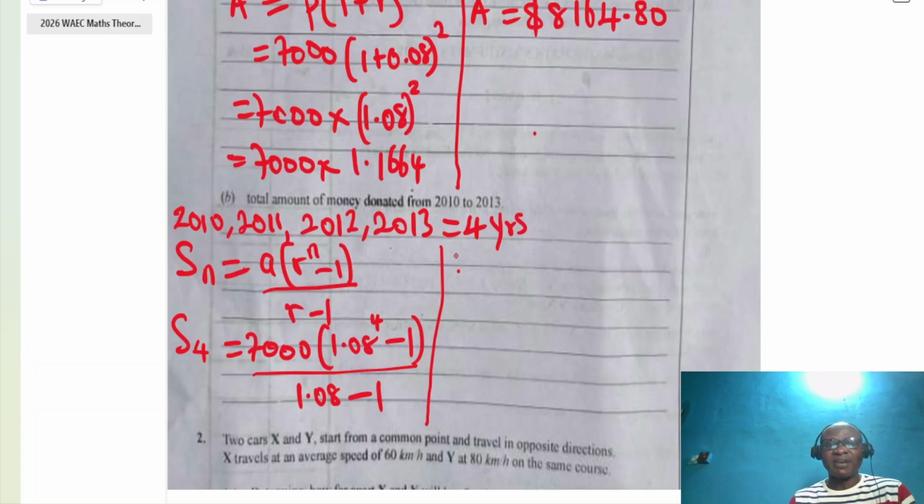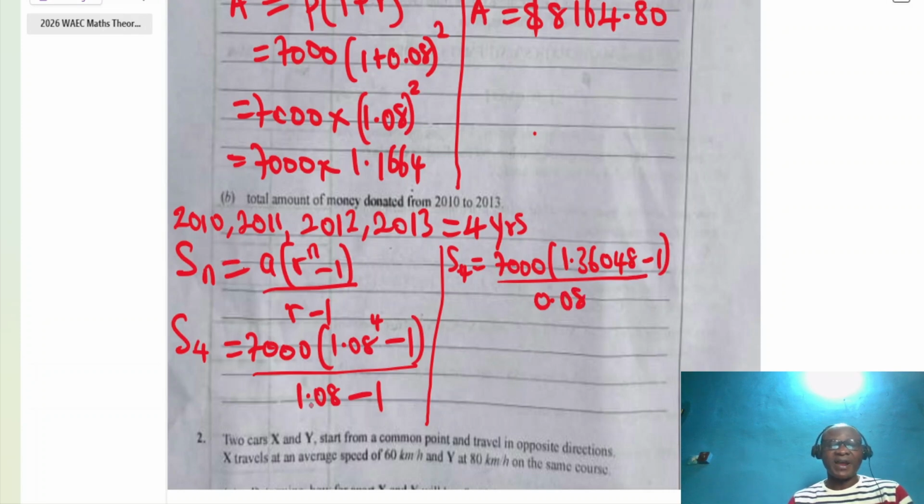So S4 will be equal to 7,000 into (1.36048 minus 1), everything divided by 0.08.